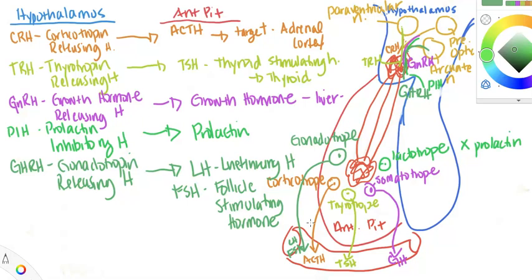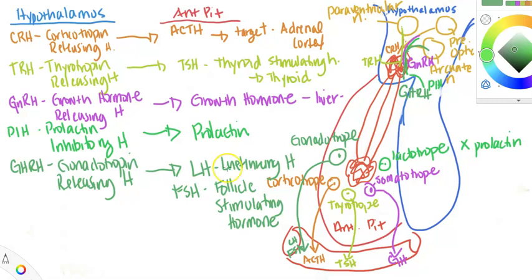PIH, prolactin inhibitory hormone, inhibits prolactin. And GHRH, gonadotropin releasing hormone, stimulates luteinizing hormone and follicle stimulating hormone. And the target there is the ovaries, testes, and that area there.